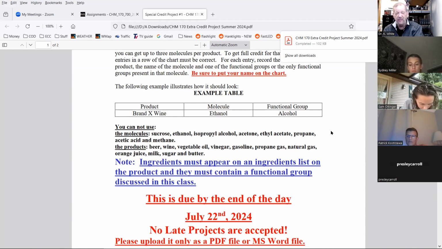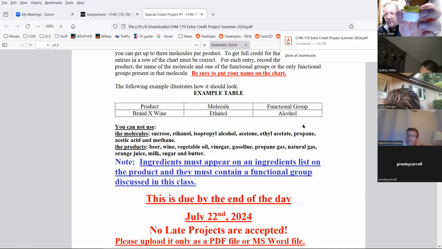And if you look at the label, you'll see it's got a number of chemicals, and one of them is phenol. And phenol has 2 different functional groups, but you only have to pick one. So you could put product, Carmex, molecule, phenol, and functional group, alcohol. And you got 1 point, and you just need 9 others.